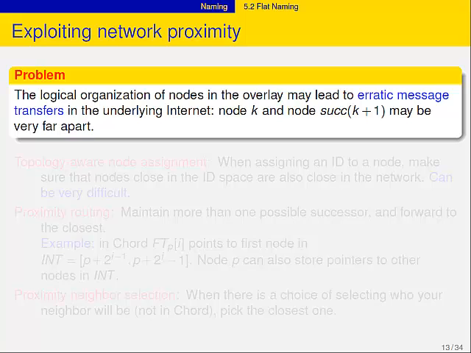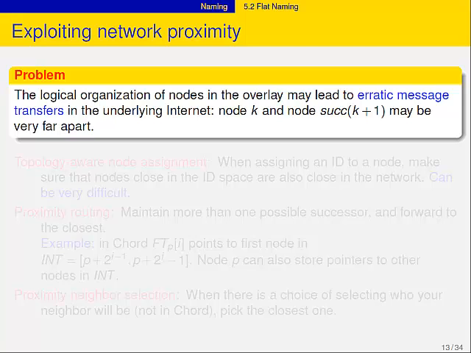Now, what should be clear by now is that if you use overlays, then you just have this logical data structure that is mapped on, let's say, the internet. The easiest way to think about this problem is a big network like the internet, and then you have this logical overlay, which means that your logical neighbor could be at the other side of the internet. Now, that may be a problem if you're concerned about latencies.